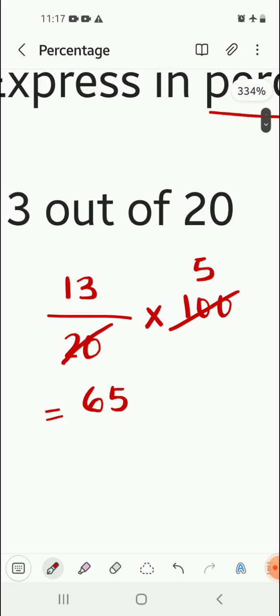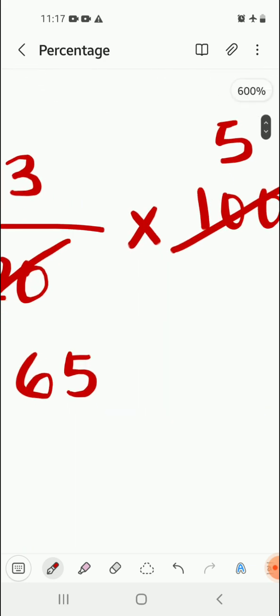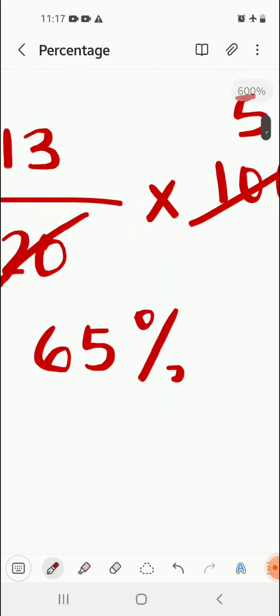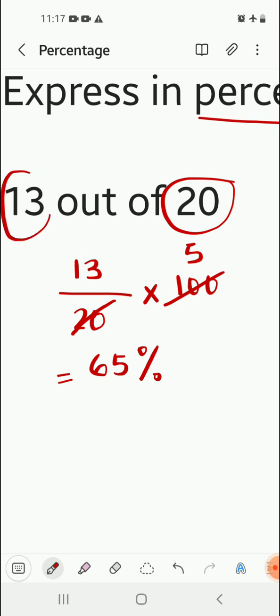And because we have already converted the number by multiplying it by 100, we will add this percentage sign over here. So 13 out of 20 means 13 is 65% of 20. That is what it means. If the total is 20, then 13 out of it actually consists of 65%.